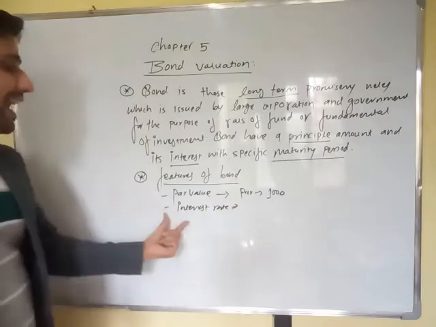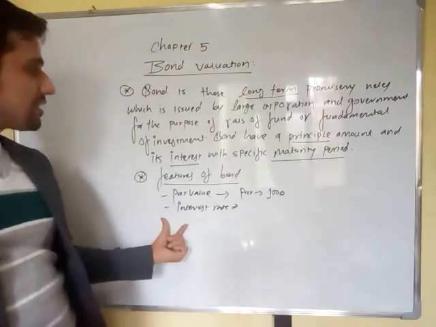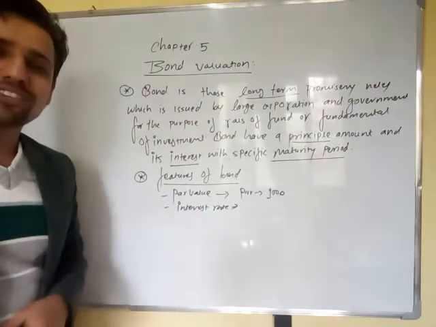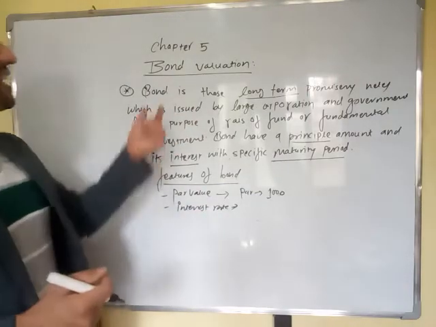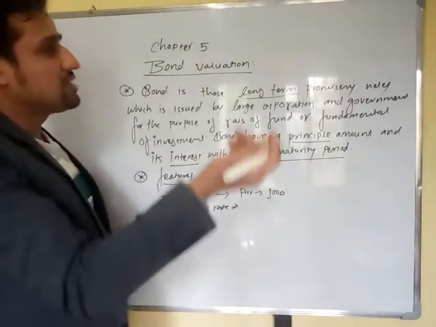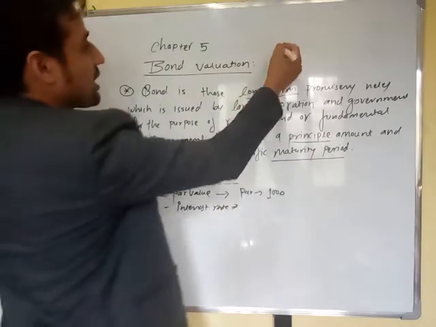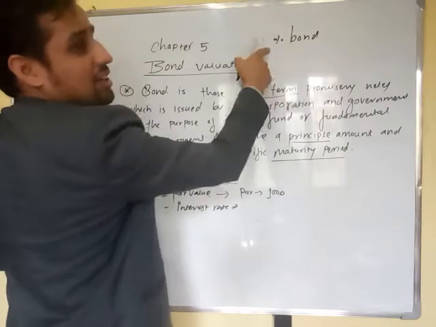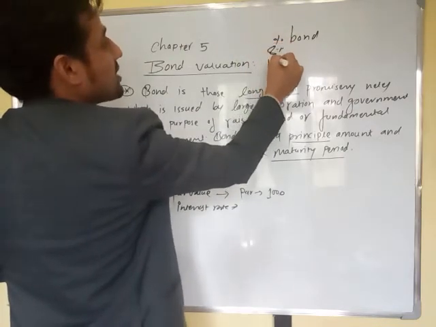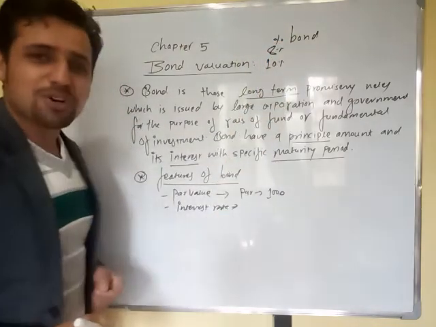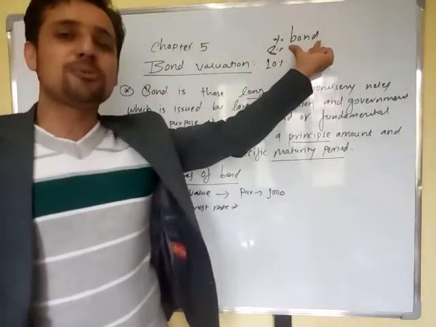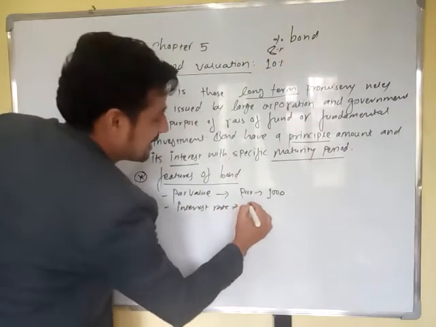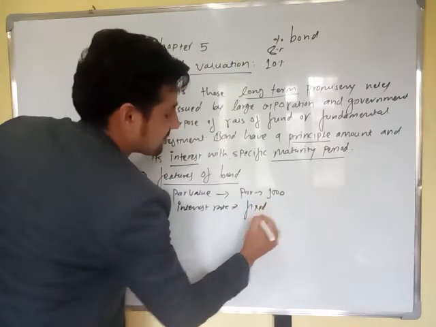We have a fixed rate of interest when a company issues that type of bond. Wherever we find a bond, we can see a certain percentage, 8 percent, 10 percent, in our book. Okay, the features of bond: interest rate is a fixed interest rate.